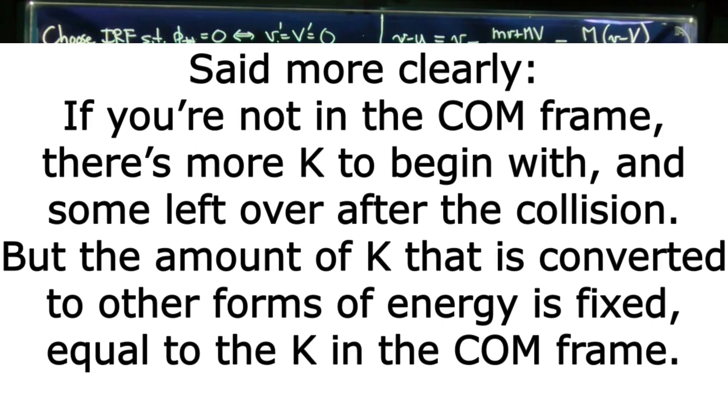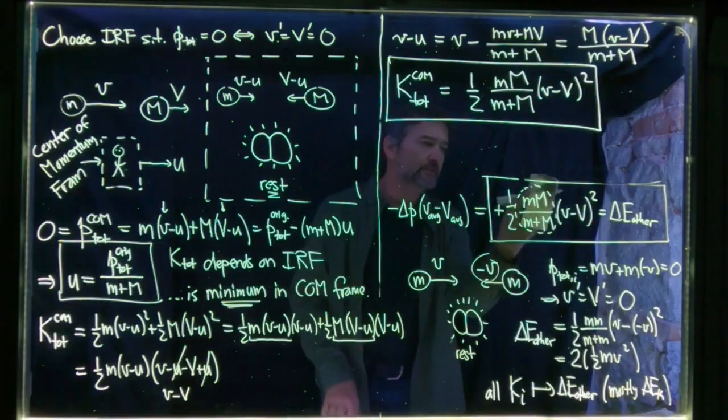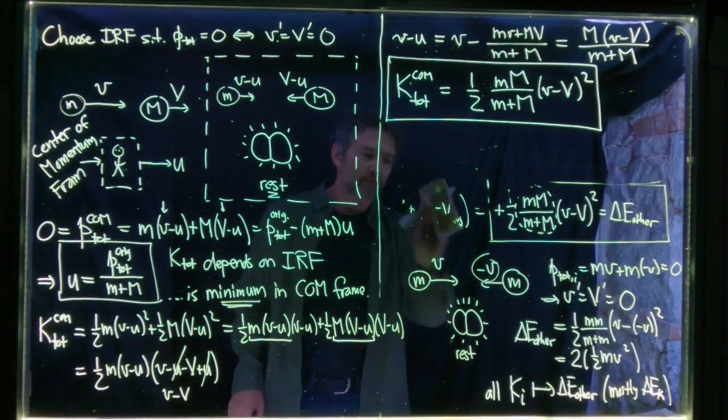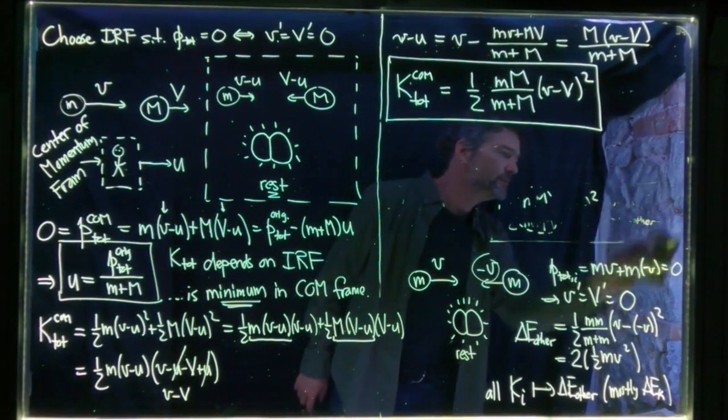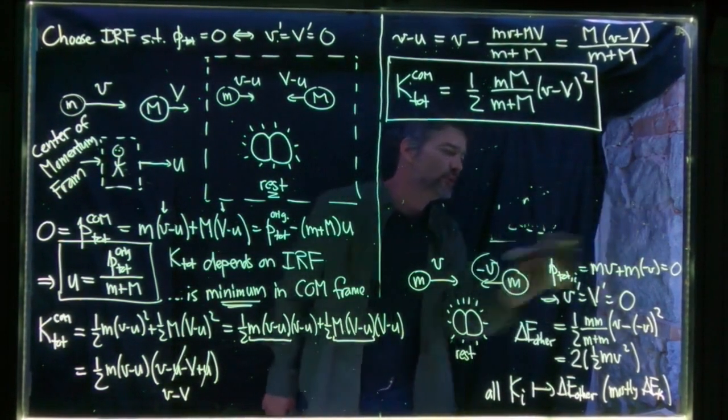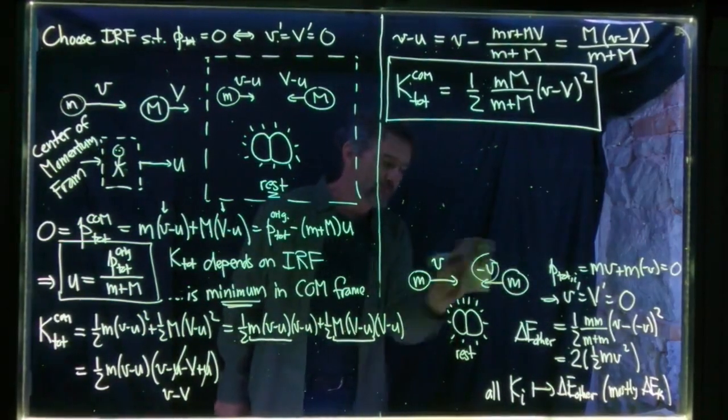So K total in the center of momentum frame initially, which is the initial kinetic energy, all goes into this delta E other. Okay, because remember that if you have a situation where you start off with a non-zero initial momentum, then this hit and stick thing still has kinetic energy in it. Okay. So anyway, that's a very important thing. So let me now erase this because we've seen that now it's the same. We've gotten the same result from a much more general point of view.